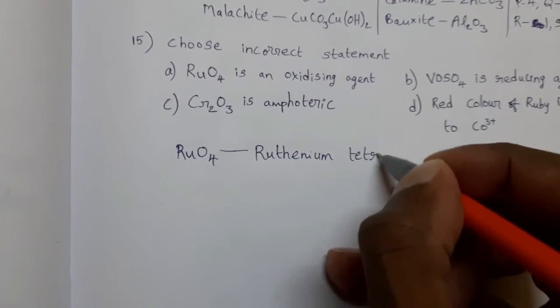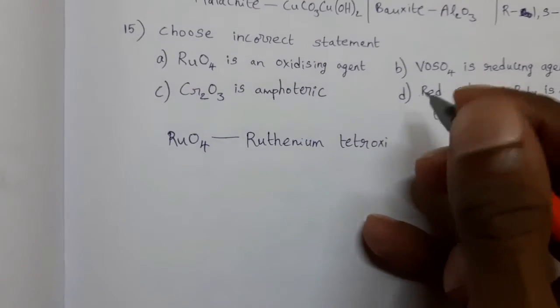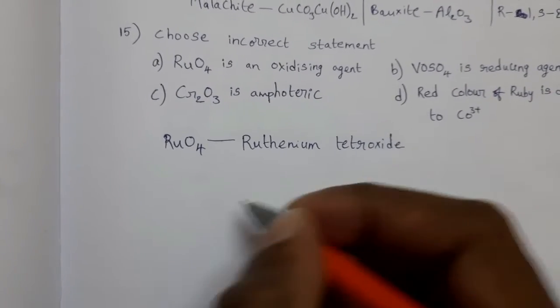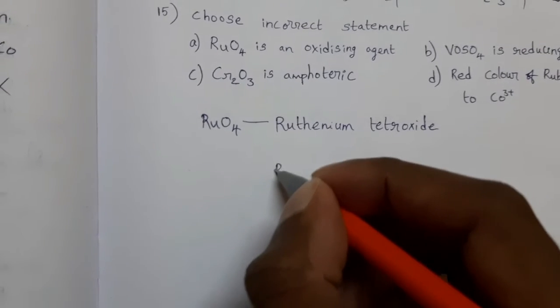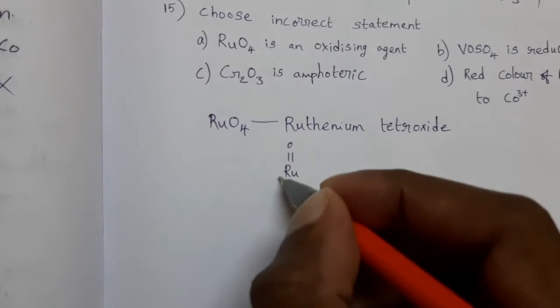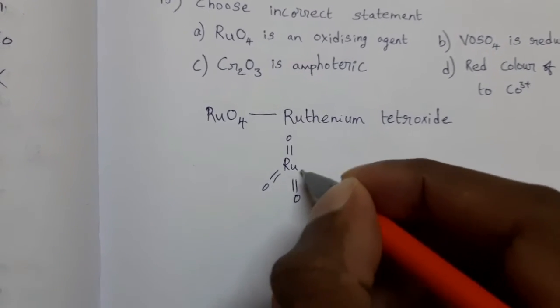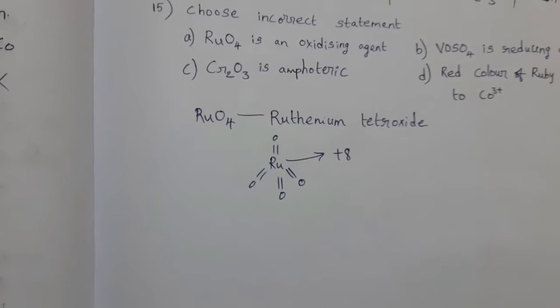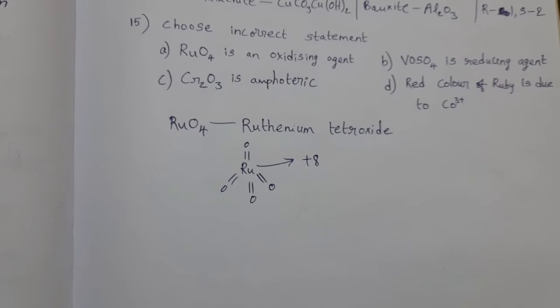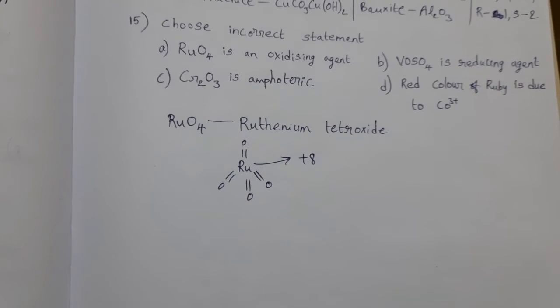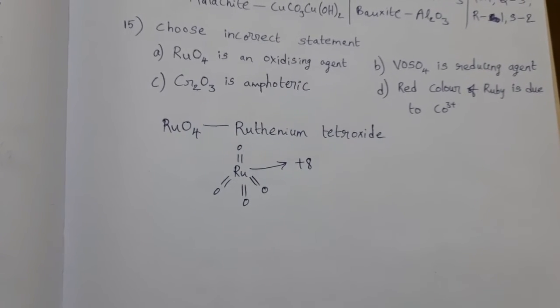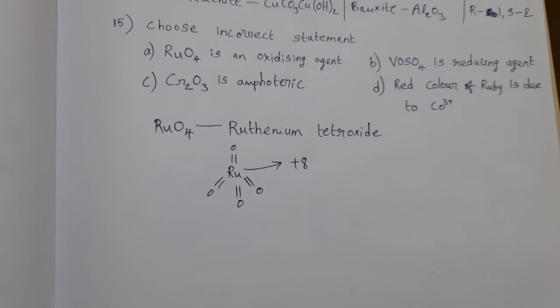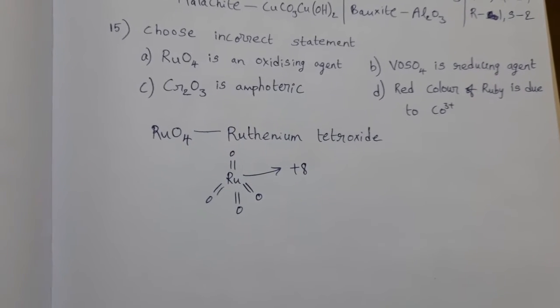If we see the structure, ruthenium is the central atom, and 4 oxygen atoms surround it. In this, the oxidation state of ruthenium is +8. Already we know that among d block elements, ruthenium can exhibit the maximum oxidation state, that is +8. Here RuO4 is an oxidizing agent.